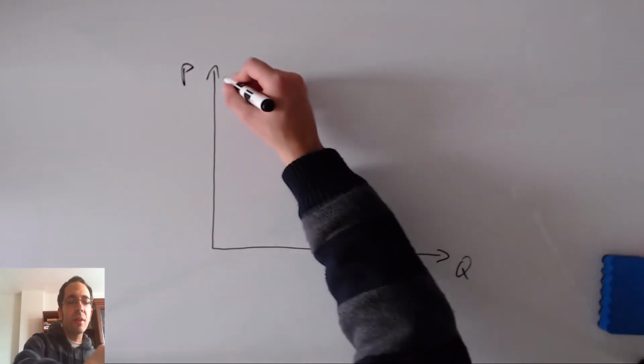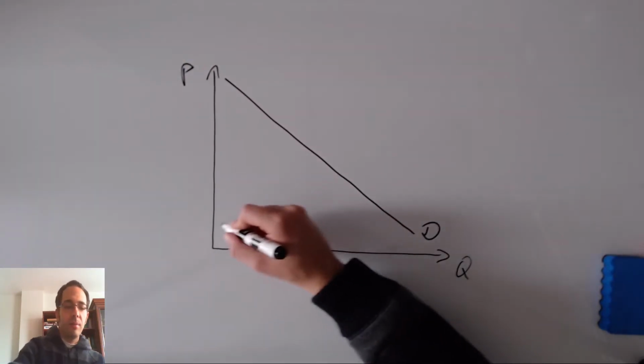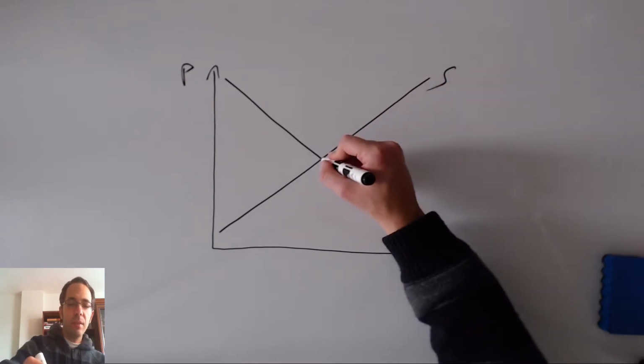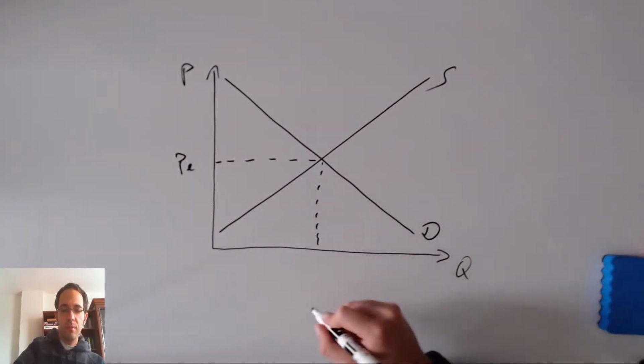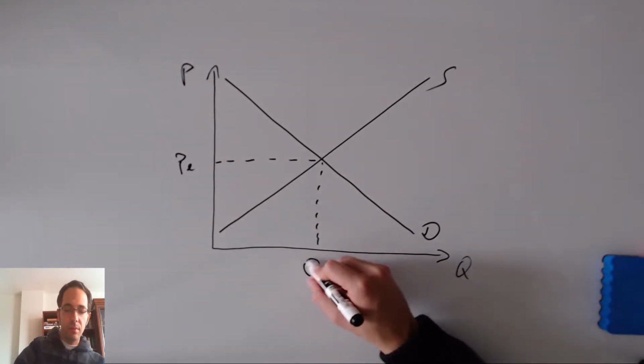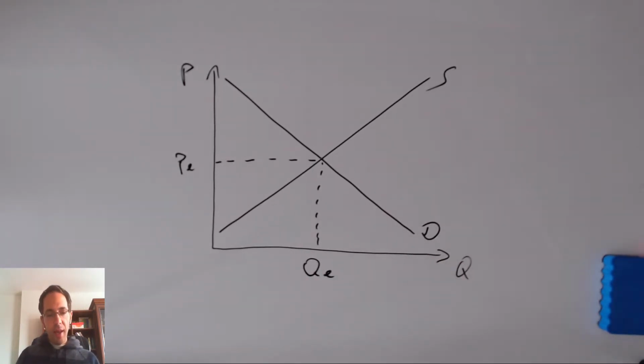So imagine that originally we were in an equilibrium, like this, at P and Q equilibrium. And someone complained that the price was too high and the government placed a maximum price.